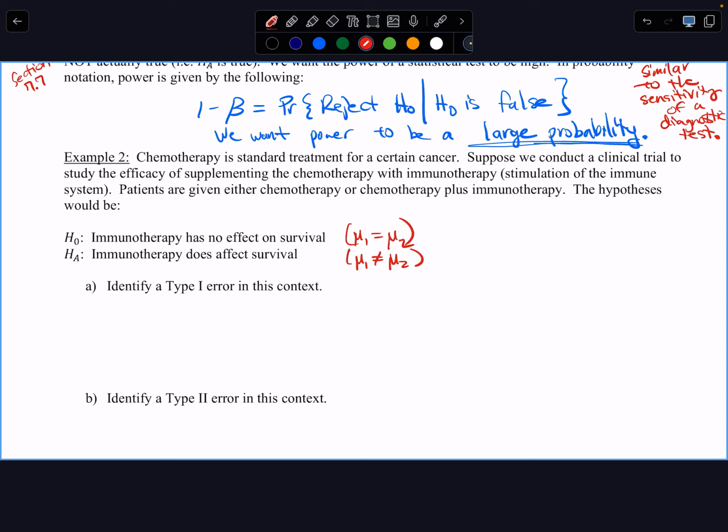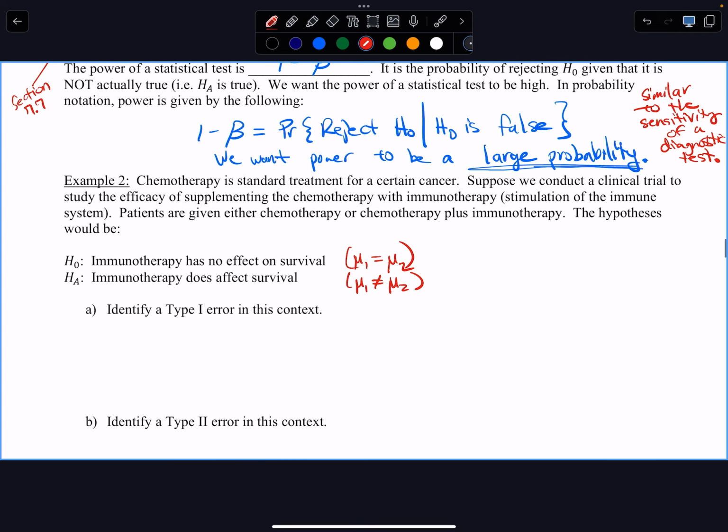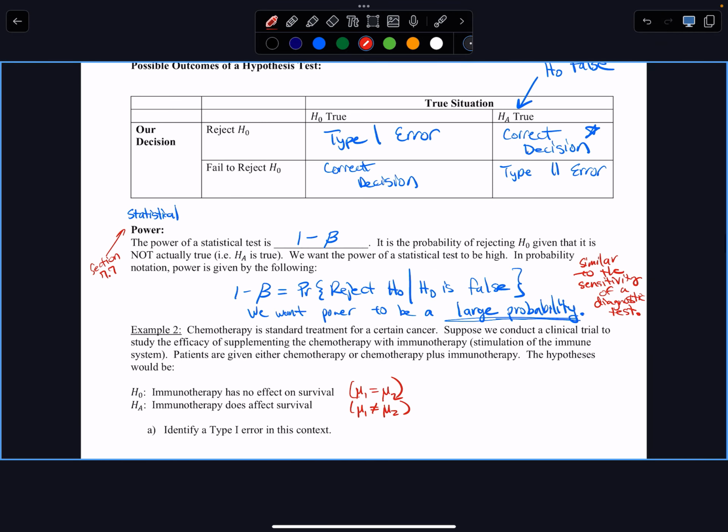So we want to identify a type 1 error in this context. What does it mean to make a type 1 error? If I go back up to my chart a little bit, a type 1 error is the probability of rejecting the null given that the null hypothesis is true. And whenever we reject the null, we conclude the alternative.